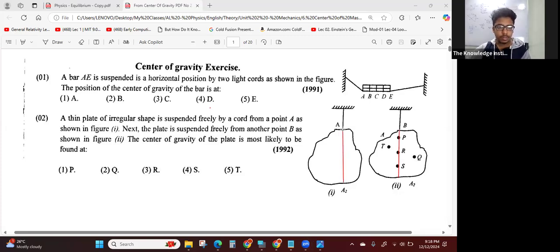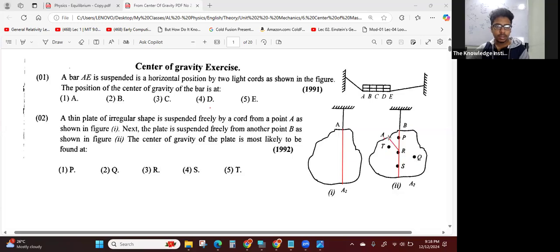And then when we hang it from A, you can see from A to A2, therefore I have to draw a line. Okay, so here is A and A2.